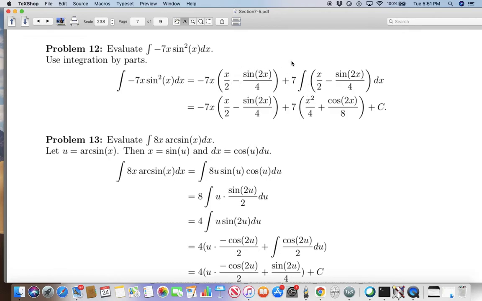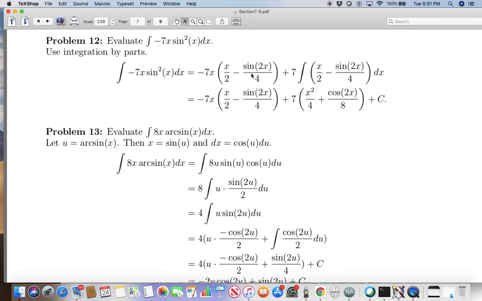You're going to take the integrand to be this. So 7x, x over 2 minus sine 2x over 4, and the integral of this quantity is x squared over 4 plus cosine 2x over 8 plus constant of integration. The whole point is use integration by parts.